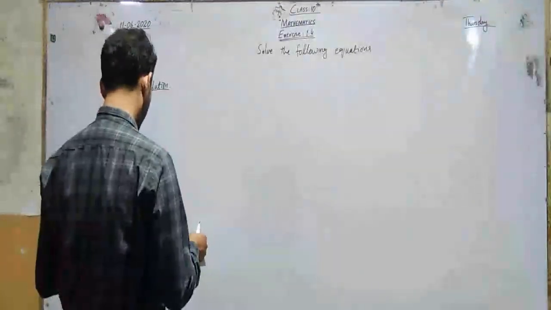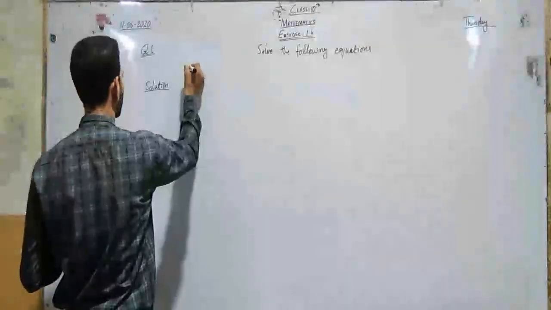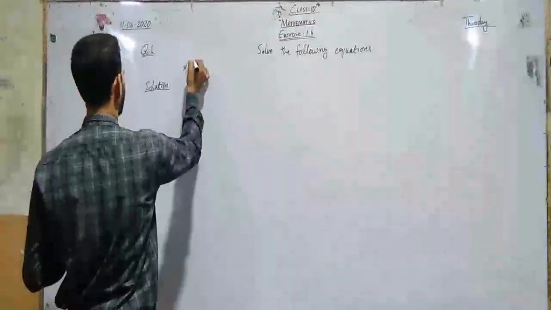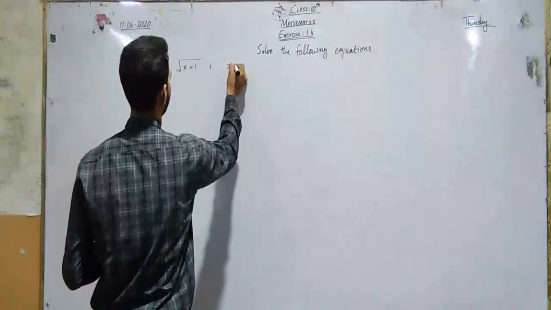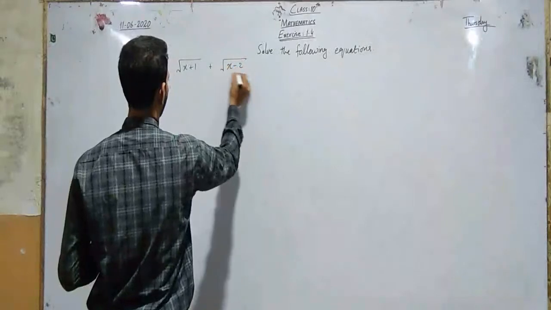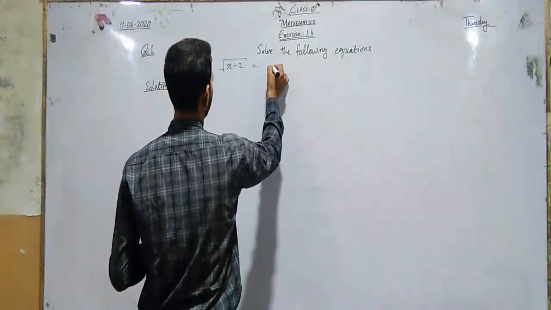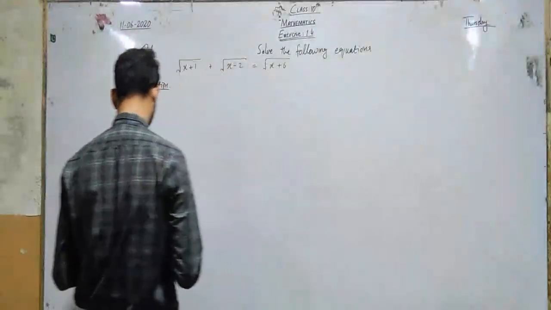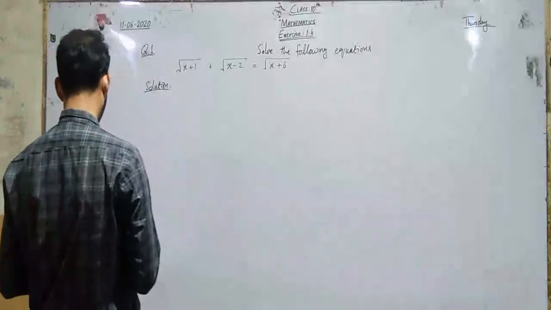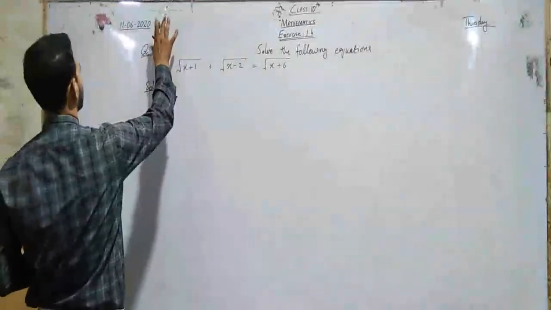So question number 6 is: square root of x plus 1 plus square root of x minus 2 is equal to square root of x plus 6. So students, this is our question number 6.